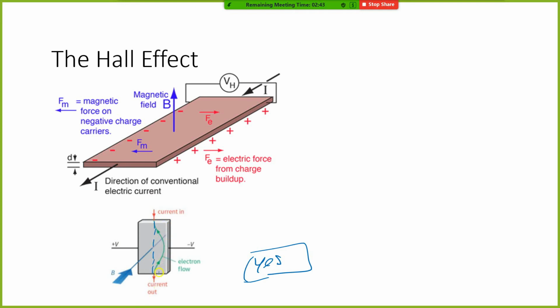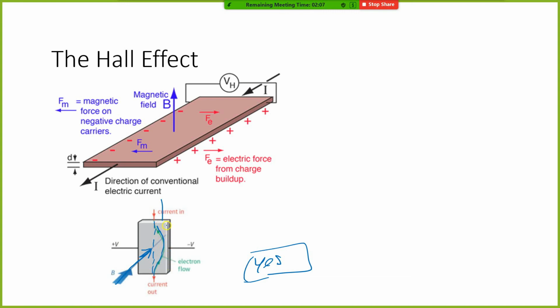Current coming in, the electrons are moving right throughout here like this. But when the magnetic field is applied to the material, the electrons are pushed aside, because the magnetic field causes a magnetic force acting on the electron. So it's now allowing the electrons to be pushed towards one side of the conductor.